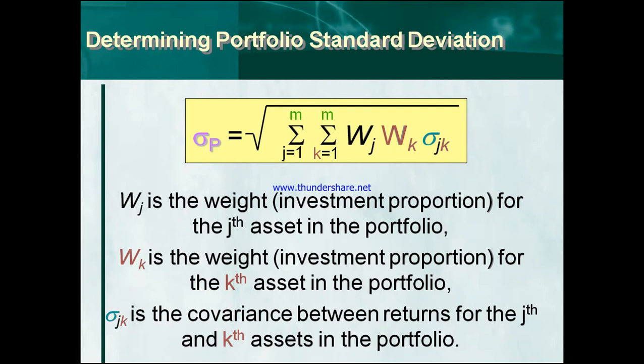The standard deviation is determined by using the square root of the summation over j and k of the weighted investment proportion of asset j, multiplied by the weighted investment proportion of asset k, multiplied by the covariance between the returns for assets j and k.